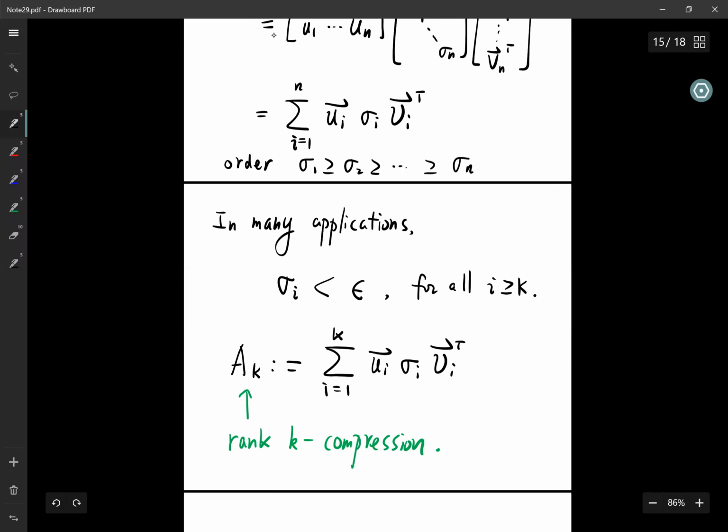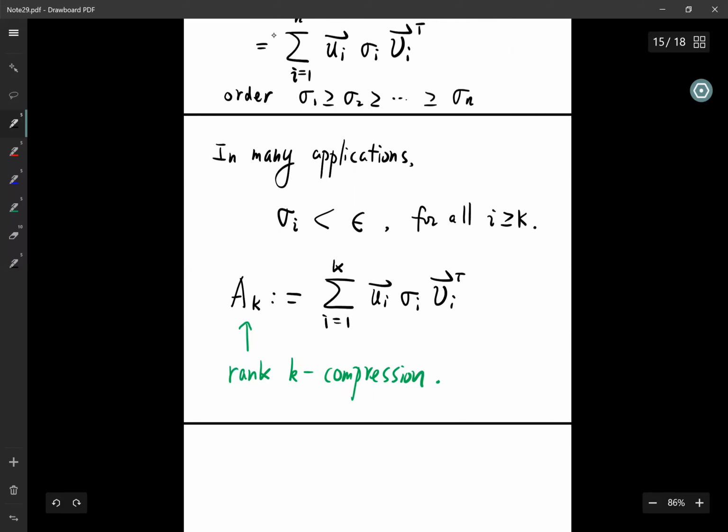As you have seen in the example I showed earlier, this compression can be pretty good, even for an image with 200 or so columns. And using 40 or so columns, the result already looks indistinguishable from the original one by eyeball norm.